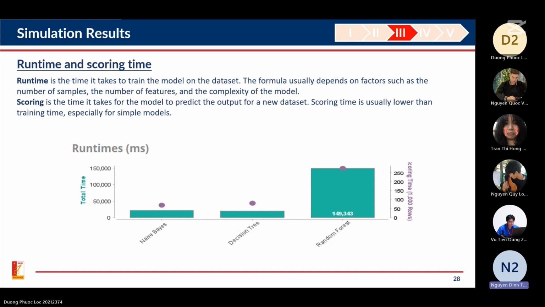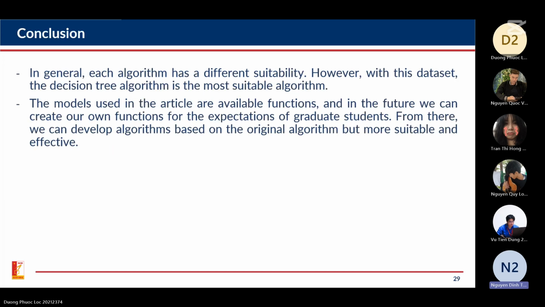So in conclusion, in general, each algorithm has different suitabilities. However, with this dataset, the decision tree algorithm is the most suitable. No, it's not decision tree. It's Naive Bayes because it leads the accuracy and has a small runtime error.